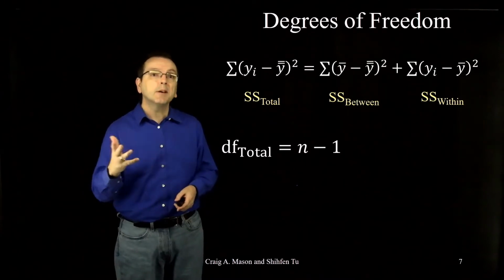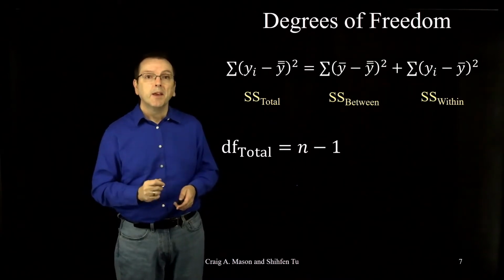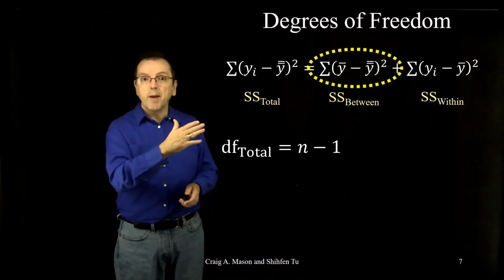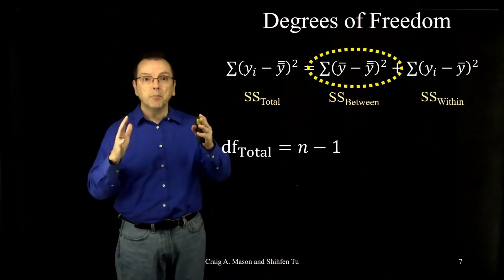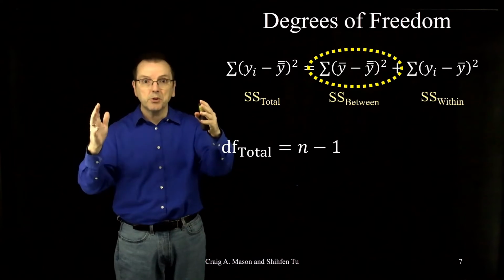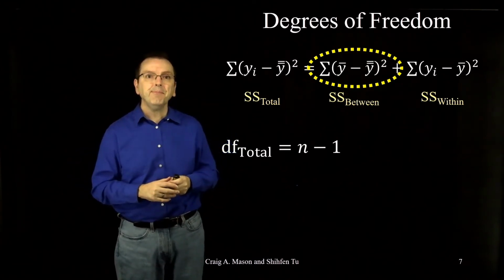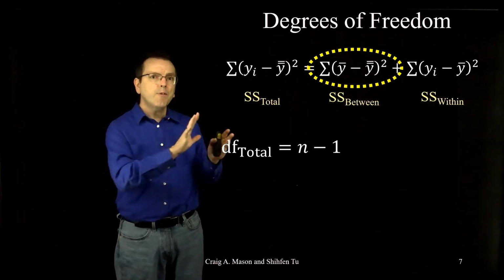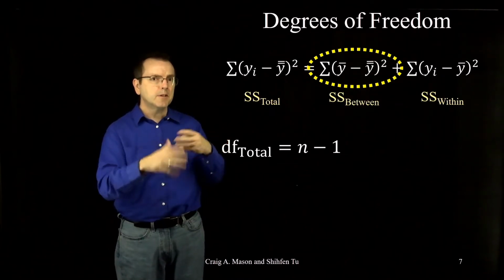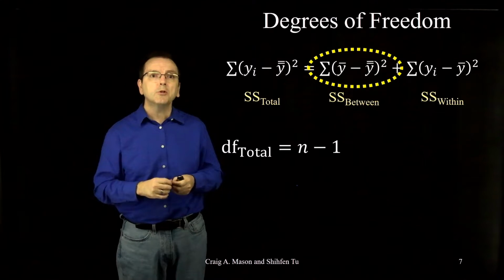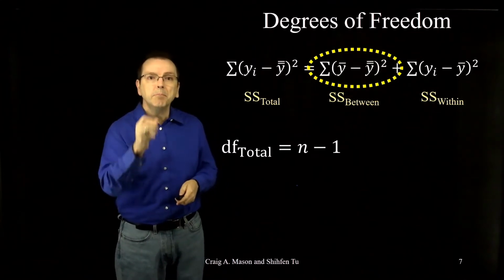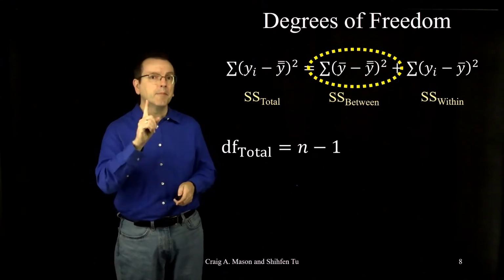Now, what about the sum of squares between? That was y bar minus y double bar for each person, then squared and added up, right? Now, so far we've talked about degrees of freedom being equal to the number of people minus 1.